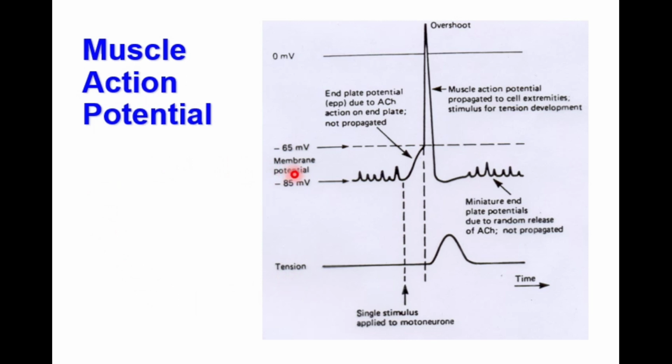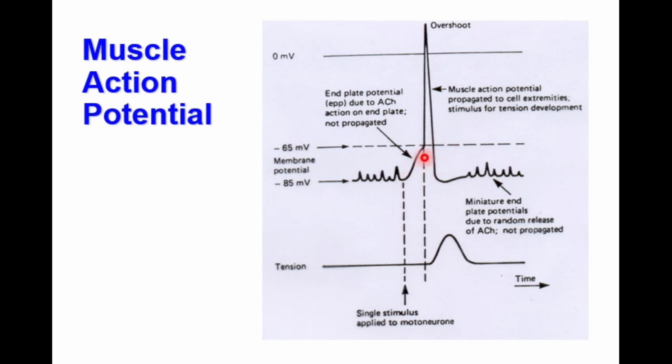This figure is a record of action potential in a fast-twitch muscle cell. A stimulation of motor neurons depolarizes the motor end plate.